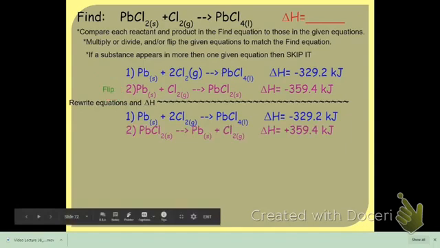That means that what were the products now become the reactants, and what were the reactants now become the products. And look what we've had to do to the delta H. Because we flipped this, the sign of our delta H has gone from a negative to a positive. Take a moment and look at that. We flipped the equation, we made the products the reactants, and because we flipped the equation, we had to change the sign of our delta H.